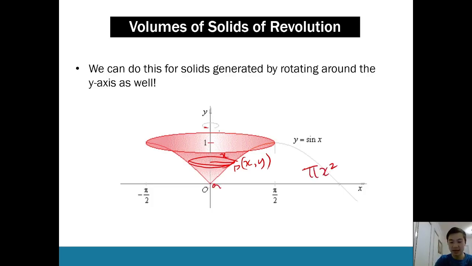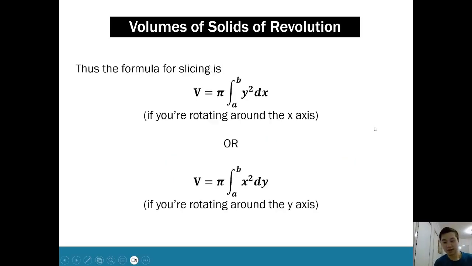If this is a and this is b, we'll be integrating from a to b, and this is a small change in y, delta y, so it will be dy. So if you're rotating around the x-axis, this is your formula to find the volume, and if you're rotating around the y-axis, this is your formula.